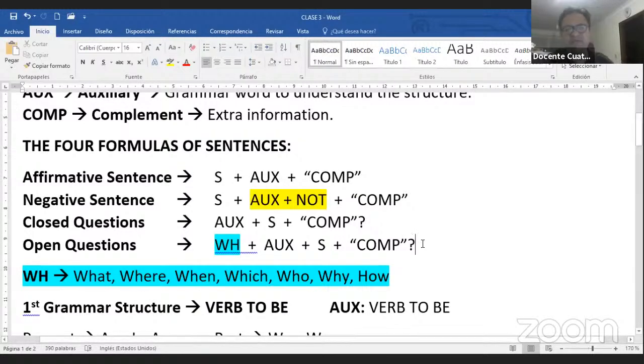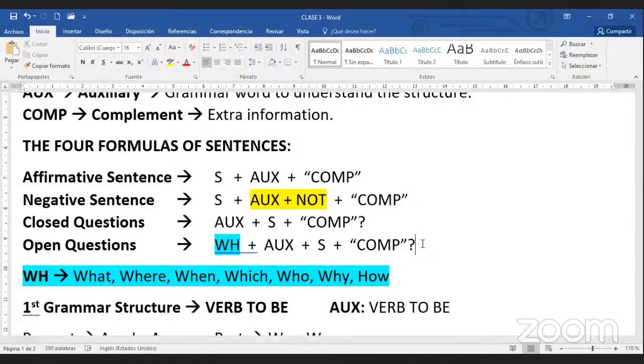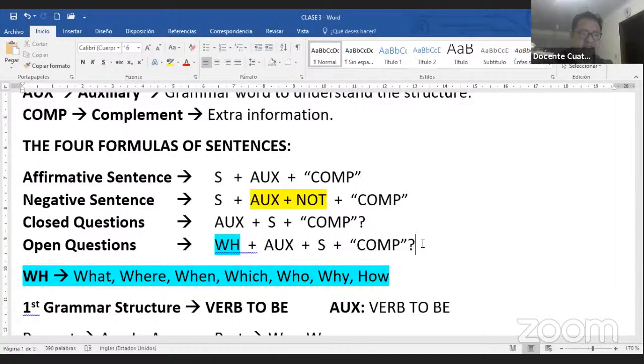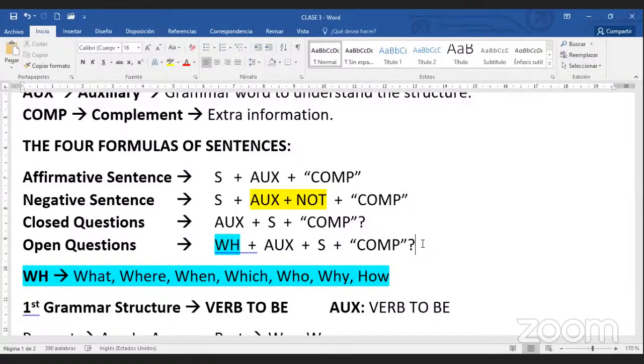Liber, which is the formula for the open questions? WH, auxiliary, subject, and complement.